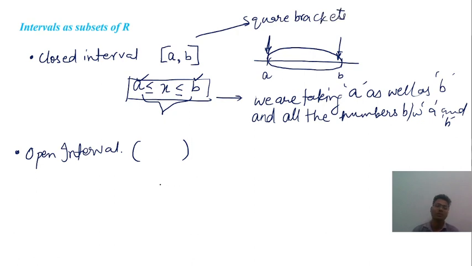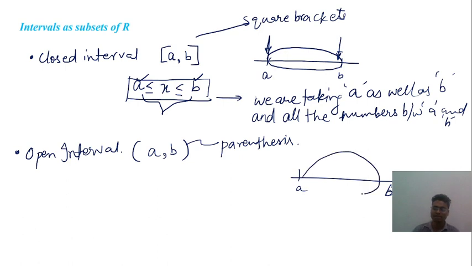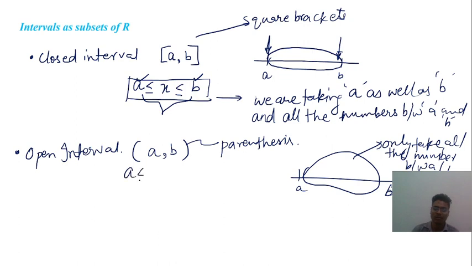If I put two numbers A and B, and mark A and B on the number line, you will only take all the numbers between A and B. You will not take A, not take B. So how to write this as a formula?